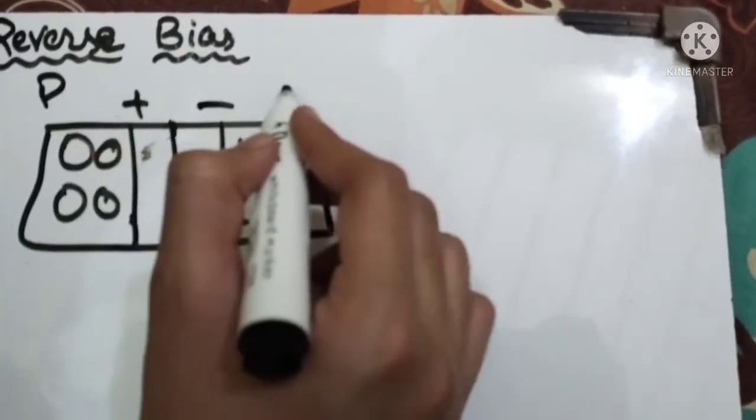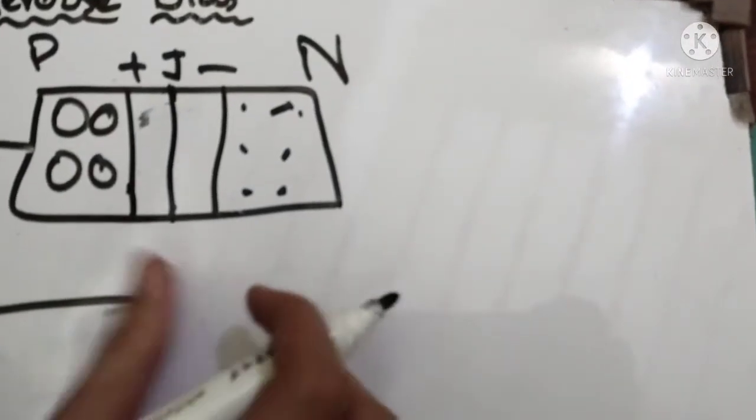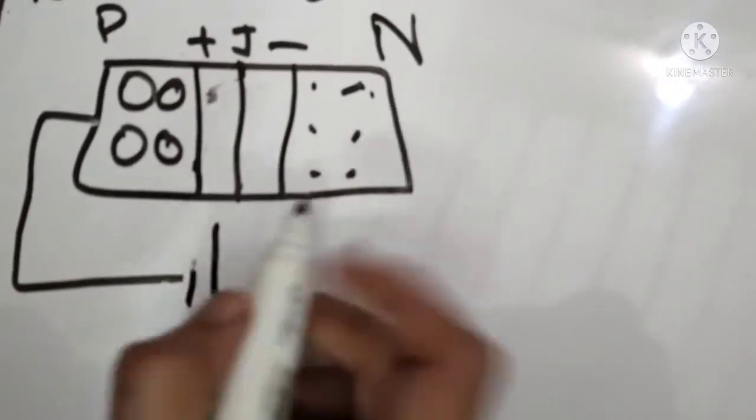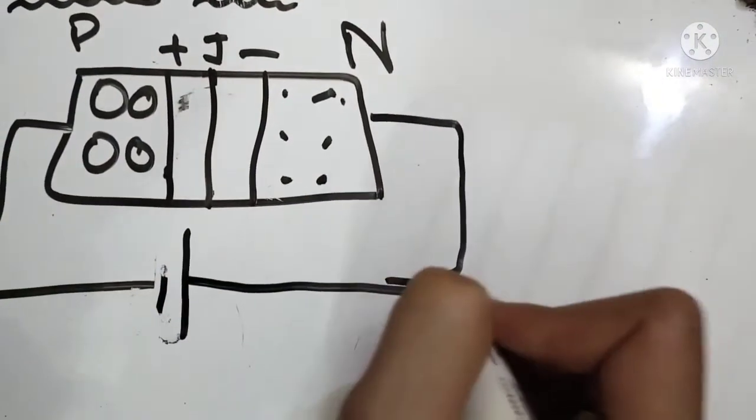This is the P-type semiconductor, this is the N-type semiconductor, this is the junction. So now connect a battery with opposite direction: the P-type semiconductor will be connected to the negative terminal of the battery, and the N-type semiconductor will be connected to the positive terminal of the battery. So this is the diagram.